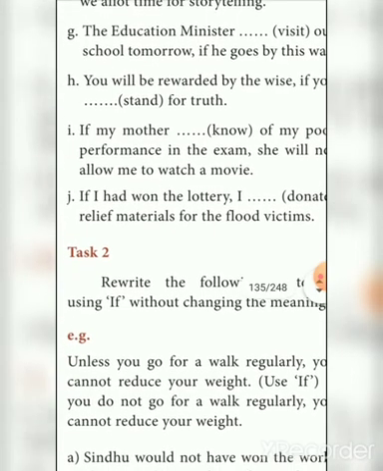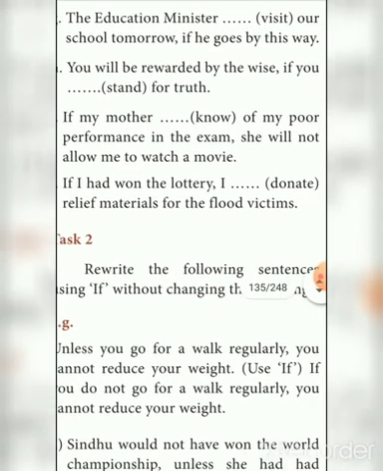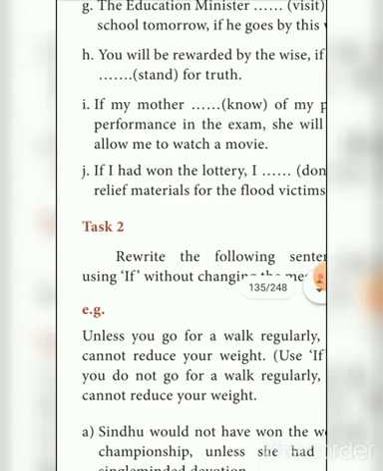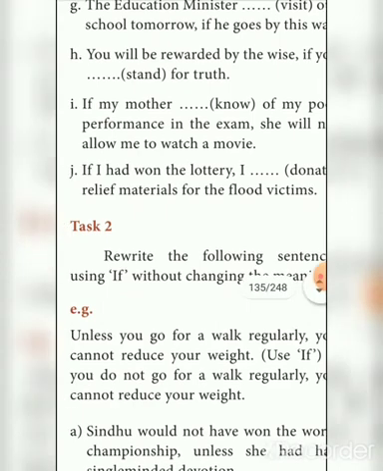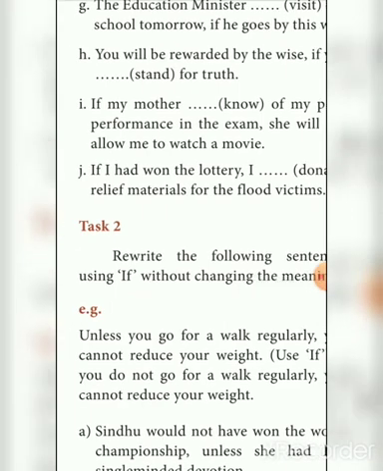Last question you see. If I had won the lottery, I dash donate relief materials for the flood victims. So, what is the third condition? Unfulfilled or impossible. So, in the if clause, you use past perfect tense, had plus V3.